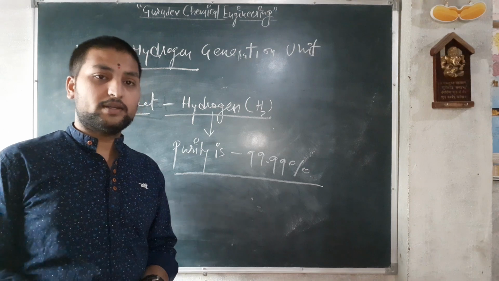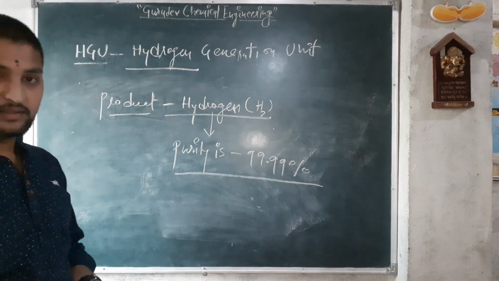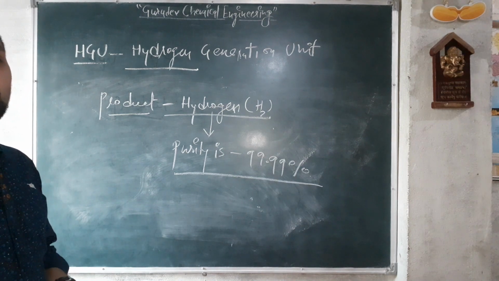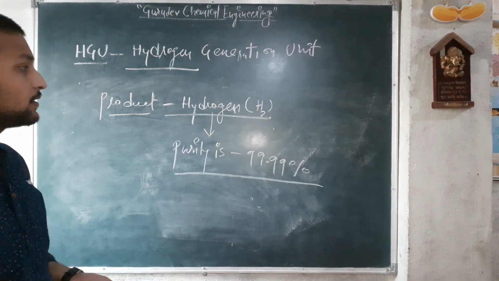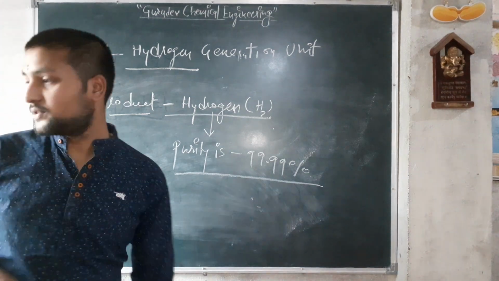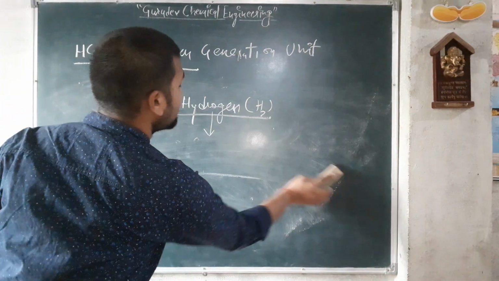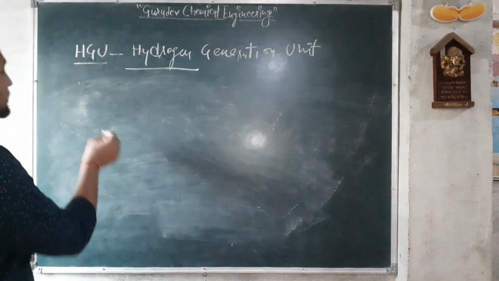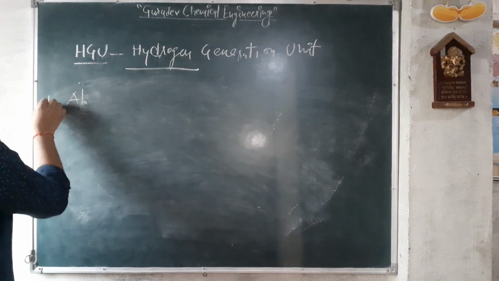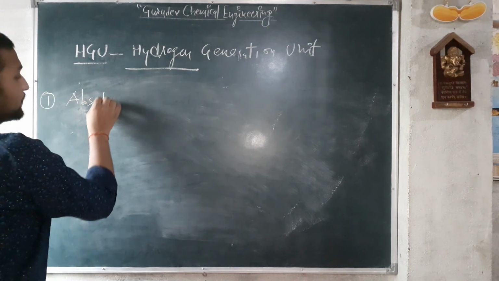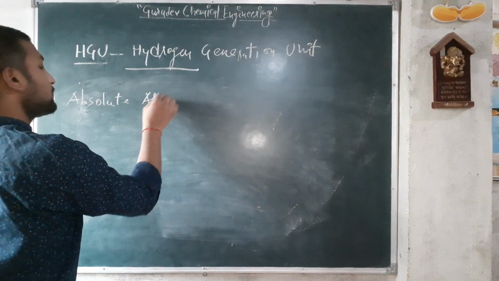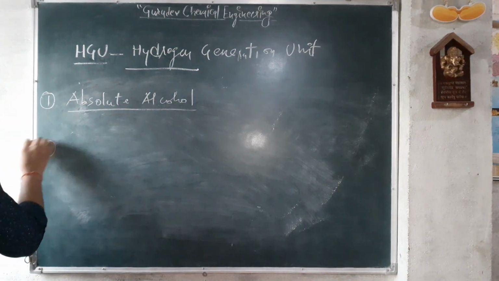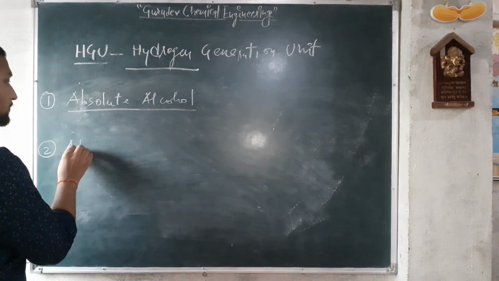Now we will go to our next part, that I was mentioning, that I will tell you some basic vocab or some meanings of chemistry. So now we will discuss some basic meanings. What is absolute alcohol? Now second we will discuss absolute temperature.